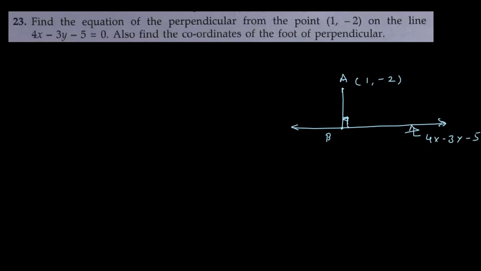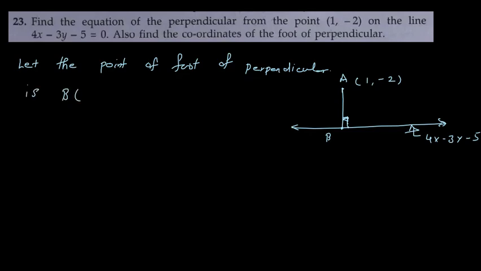So first I will say let the point of foot of perpendicular be B, and this point we will assume as (a, b). Okay.